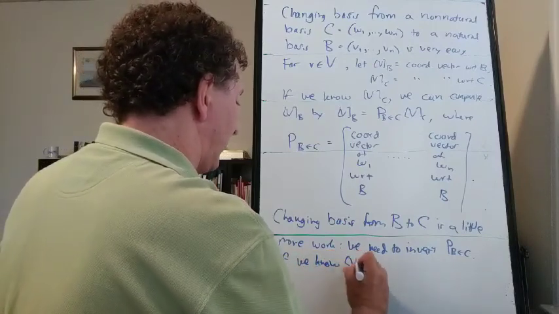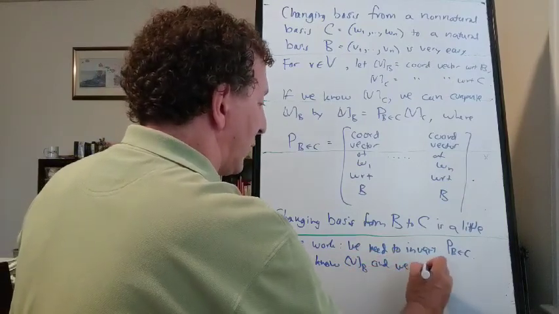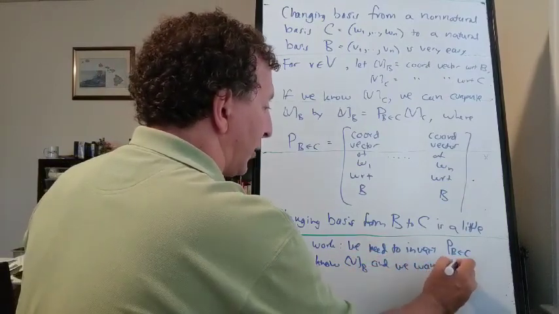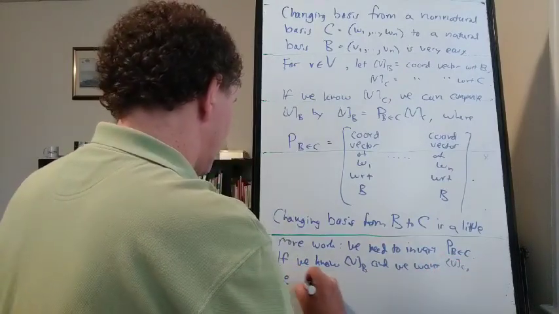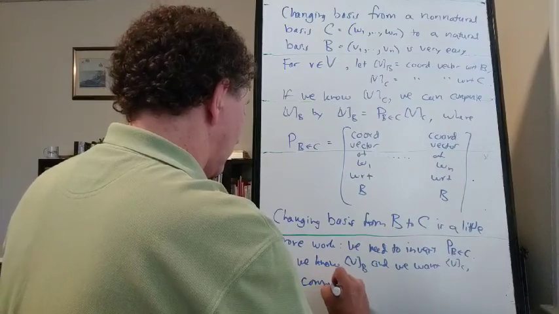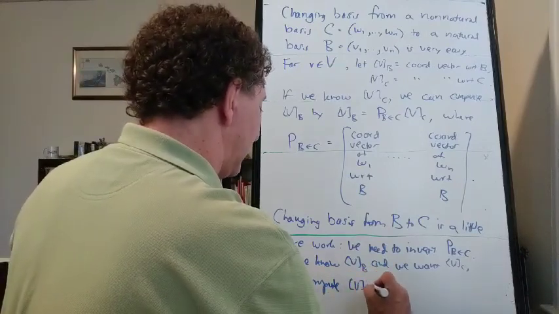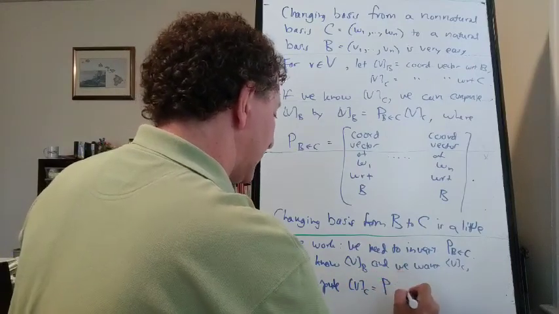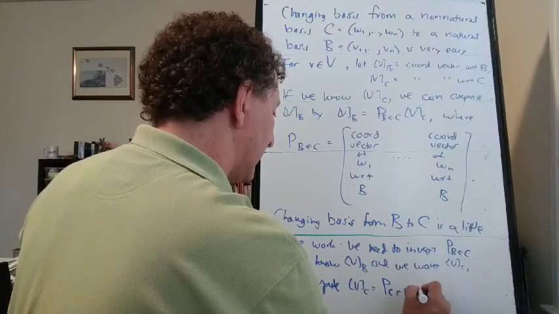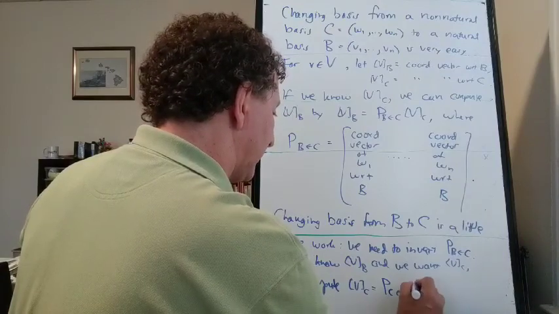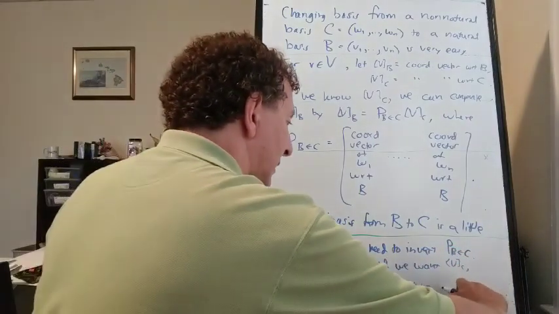If we know the coordinate vector with respect to B, and we want the coordinate vector with respect to C, then we compute [v]_C equals P_{B←C} [v]_B.